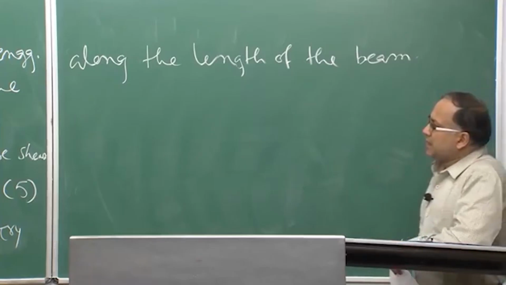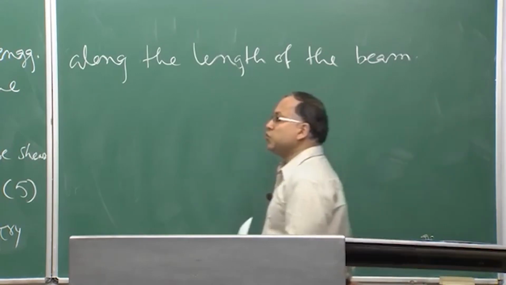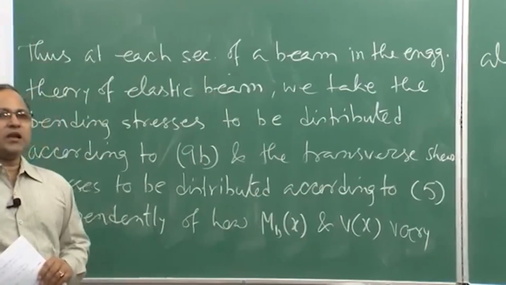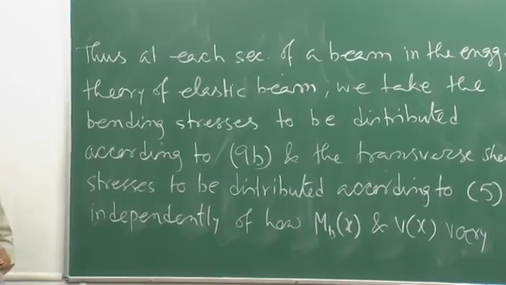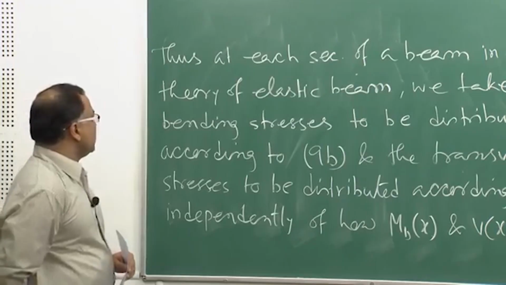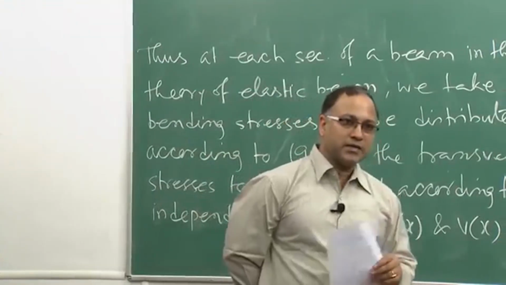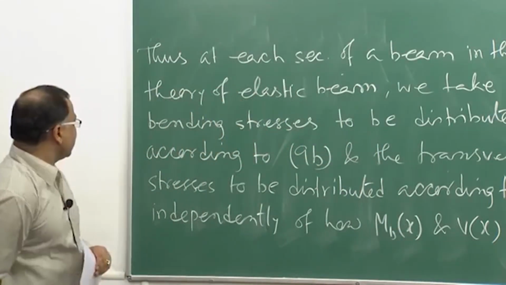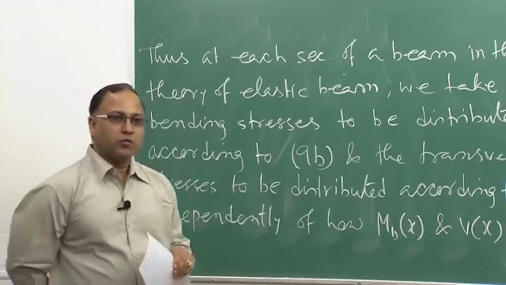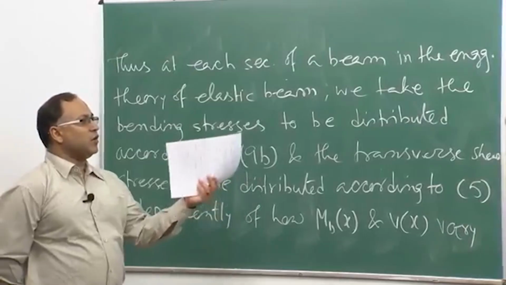So, thus at each section of a beam in the engineering theory of elastic beam. I should not say this is the actual or correct theory, but this is the engineering theory, and we are doing an engineering approximation to find the bending stress and shear stress. So, we take the bending stresses to be distributed according to 9b, that means sigma x equal to minus Mb y by Izz, and the transverse shear stresses according to equation 5, that is tau xy equal to Vq by bIzz, independently of how Mb and V vary along the length of the beam.